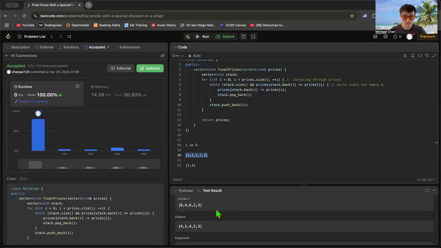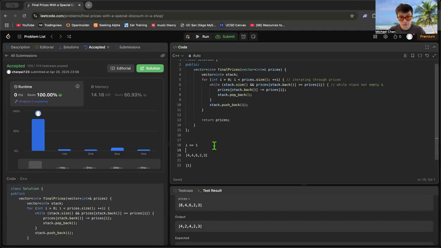Wait, what? So we just push it, and then i equals 1. 0 is bigger than 1. So prices of stack back, which is 0, so this becomes 4.